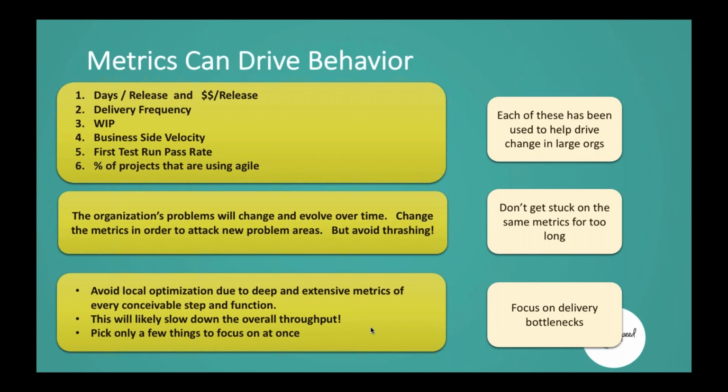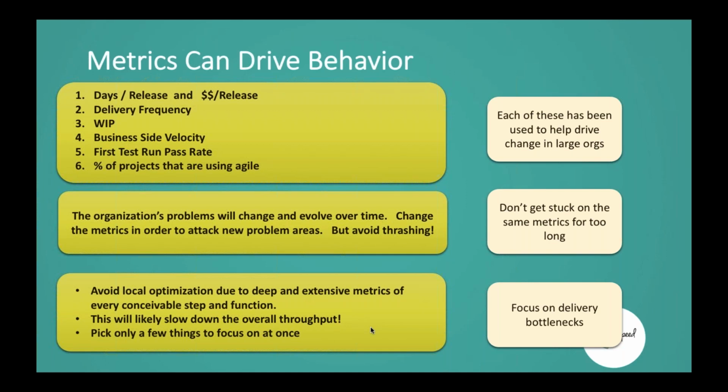Business side velocity, I just talked about using that as a way to accelerate the business side of the house. Years ago, Nationwide Insurance used first test run pass rate as a way to drive increased quality.